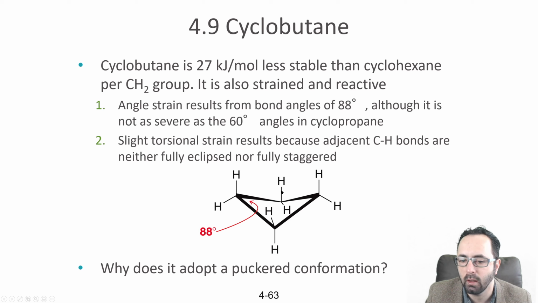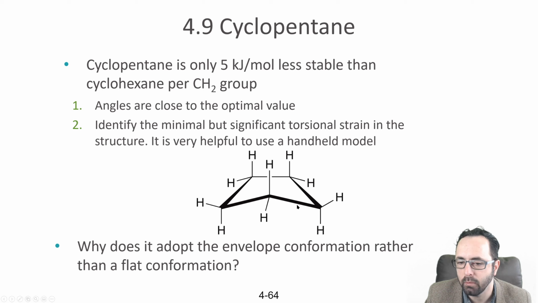You can see there's a lot of staggering, like this hydrogen is staggered between these ones. There's a little torsional strain because of these hydrogens here. These are going to be what we call 1,3 diaxial interactions later. And so it makes this bent shape to avoid having more torsional strain over here on these sides.